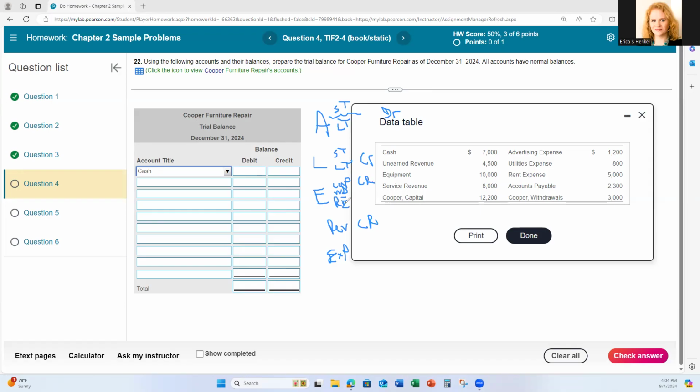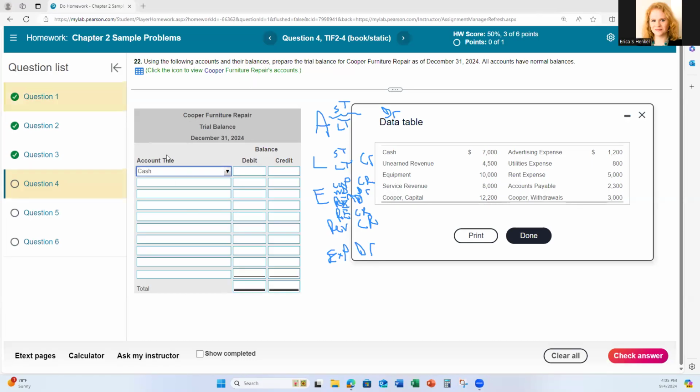And any account that decreases equity, like a withdrawal, oops, sorry, that should be next to the withdrawals there, not next to the retained earnings. I'll move the retained earnings here. So retained earnings is also going to be a credit normal balance. Withdrawals, the normal balance would be debit, and then expenses, again, the normal balance would be debit.